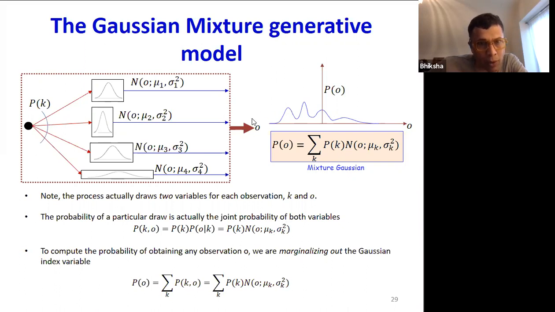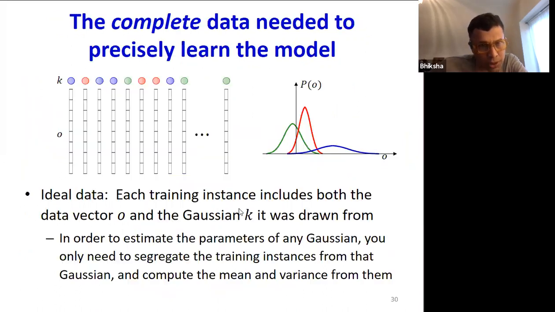Now, if all you're observing is the final outcome and you don't know which Gaussian he has chosen, then you marginalize out the Gaussian itself by summing over the Gaussians. So this is how a Gaussian mixture model models the distribution.